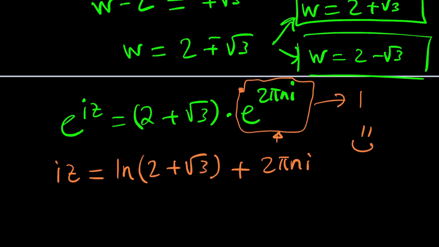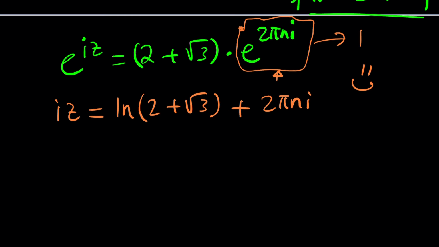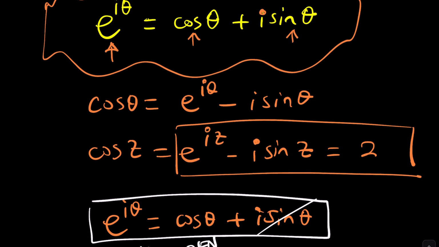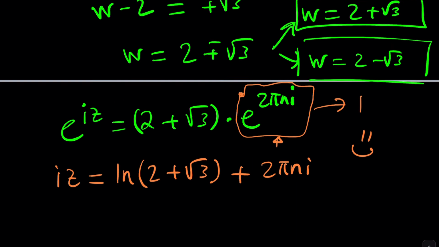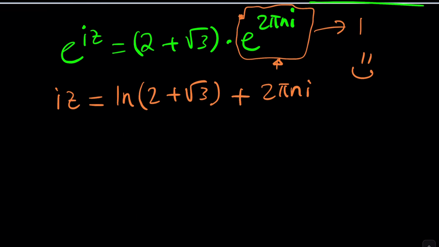This is not done because we still have to solve for z. You could divide by i, or even better, you can go ahead and multiply by negative i, that's what I meant. Because what negative i does is, this will give you negative i squared, which is 1. So you can totally get rid of that and distribute the negative i.